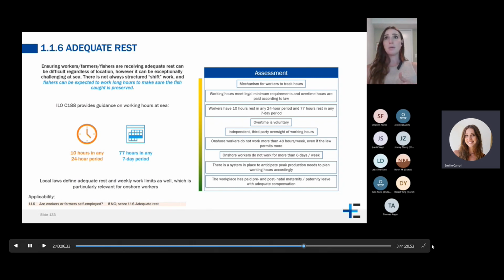Also making sure that legal minimum requirements are being implemented, whether that's hourly and/or pay related to working hours. This is making sure as well that overtime is voluntary. This can be a little tricky on vessels, because sometimes there are emergencies or issues where it's not necessarily voluntary, but you just have to do it.